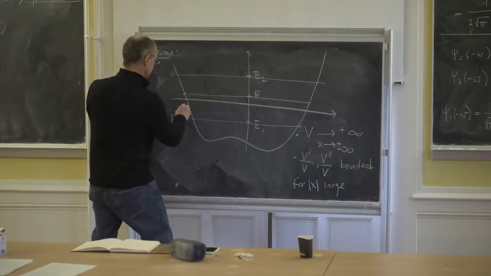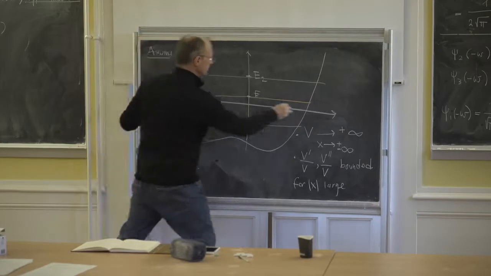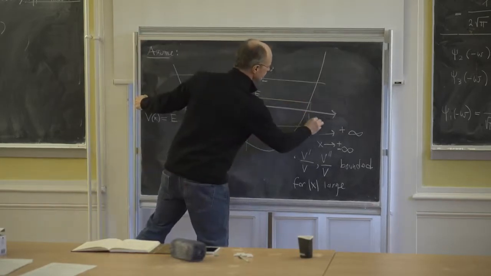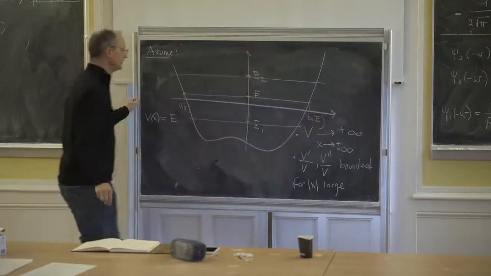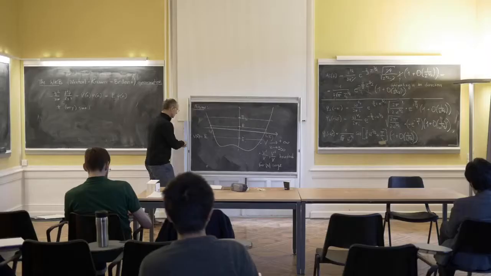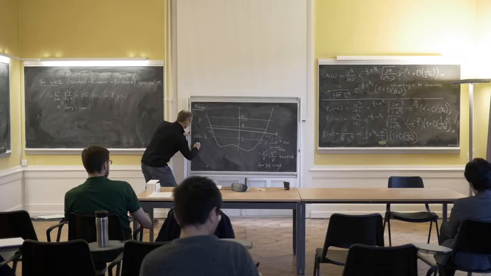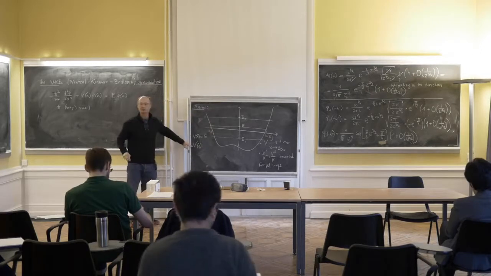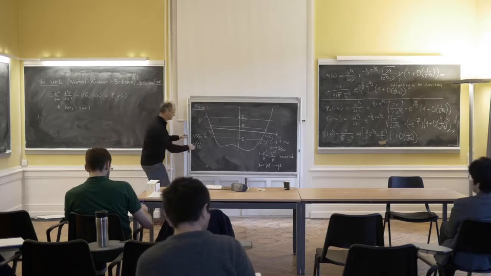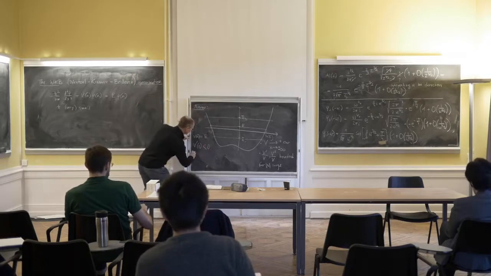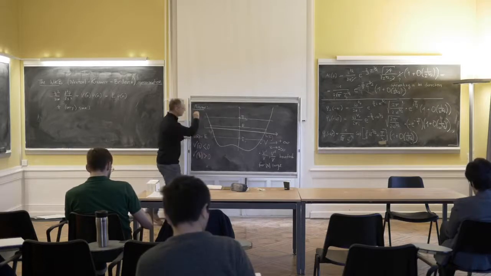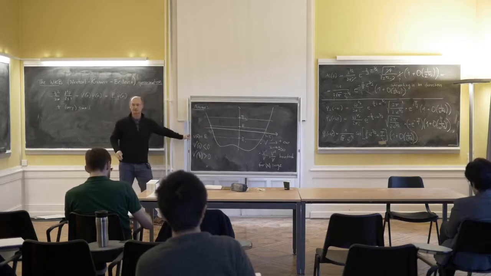So we call them A of E and B of E. And furthermore, we want the derivative of the potential at A to be strictly negative and the derivative of the potential at B to be strictly positive.